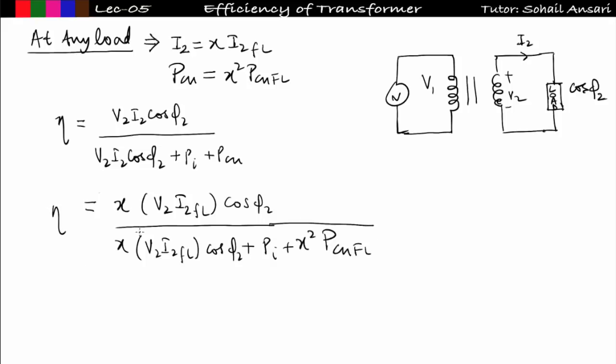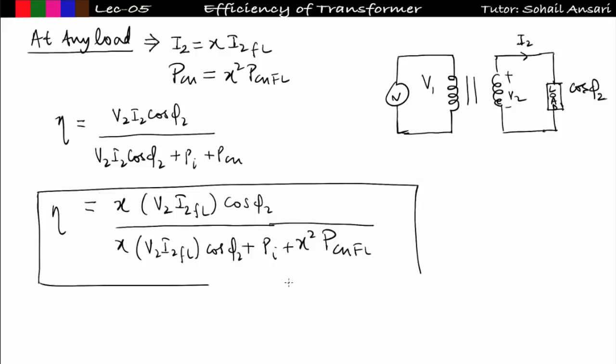So this is the formula of efficiency at any load where X is the fraction of load that we have already discussed. What I did, I replaced I2 with X times I2 full load. Why am I replacing? Because it becomes easy to handle the numericals.